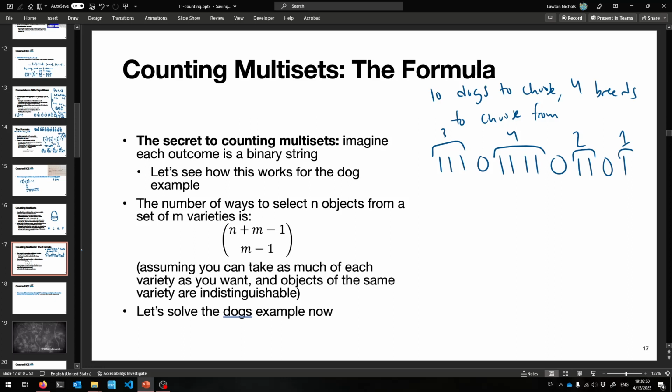You're going to put 10 1s, and all of the classes are going to be separated with 0s. So 0 is just the separator. And you can turn it now into a binary string counting problem.